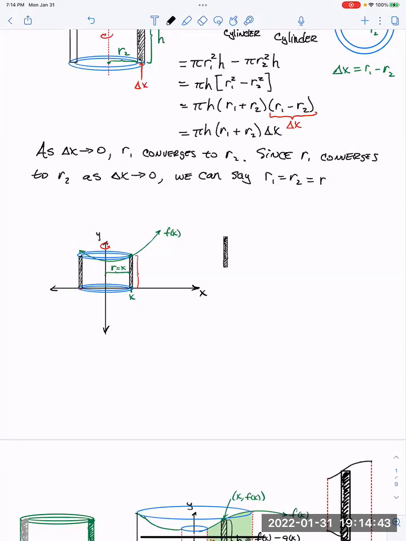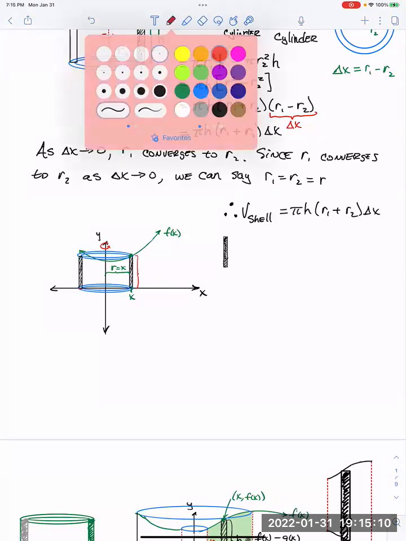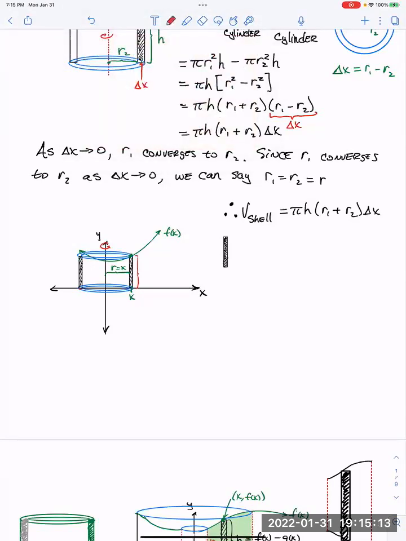So with that said, therefore, the volume of one arbitrary shell is equal to pi h, and then you have R1 plus R2 delta x, that was our formula there. But what can we say about R1 and R2? That when delta x goes to 0, R1 and R2 basically become equal.